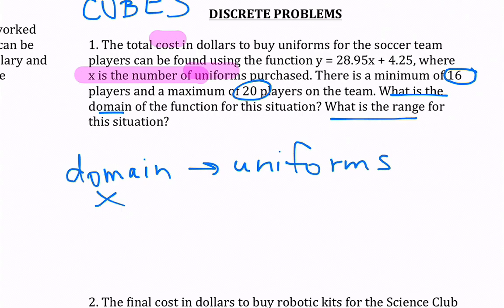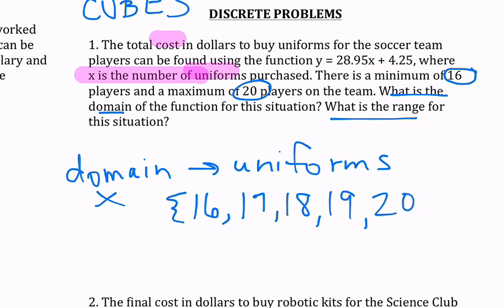Well, you only buy a uniform for the number of players that you have. We're going to have a minimum of 16 players. Remember, minimum is the lowest amount. So I know the lowest number of uniforms I can have is 16. It tells me the maximum number of players I can have is 20, so that's going to be the maximum number of uniforms. So 16 through 20. It could be any of them from 16 all the way through 20, so I'm going to list all of those. So we could buy 16, 17, 18, 19, or 20 uniforms.